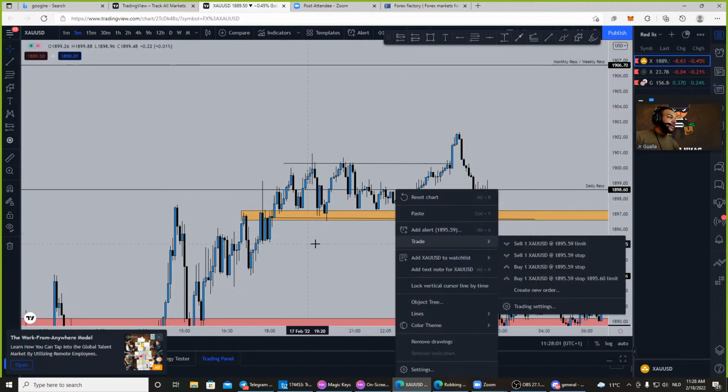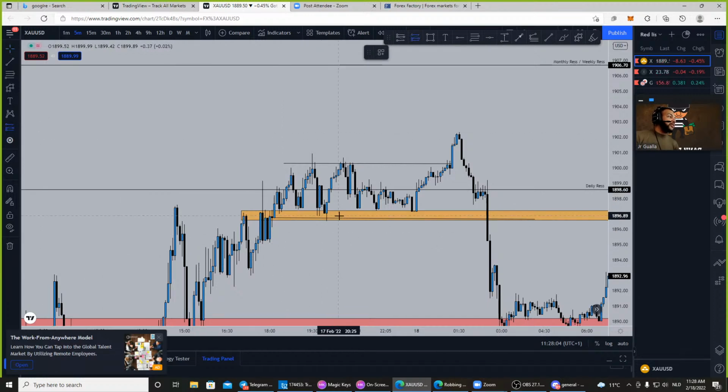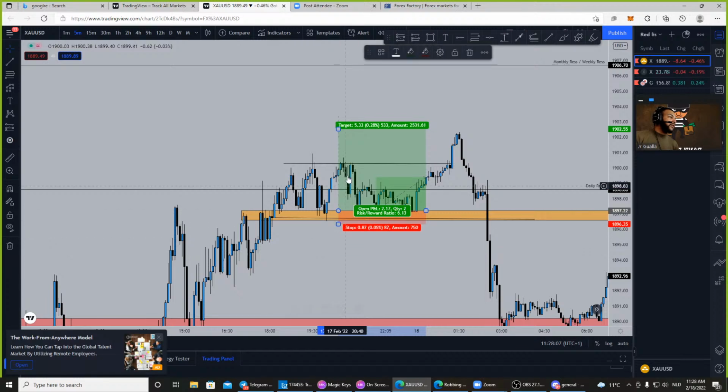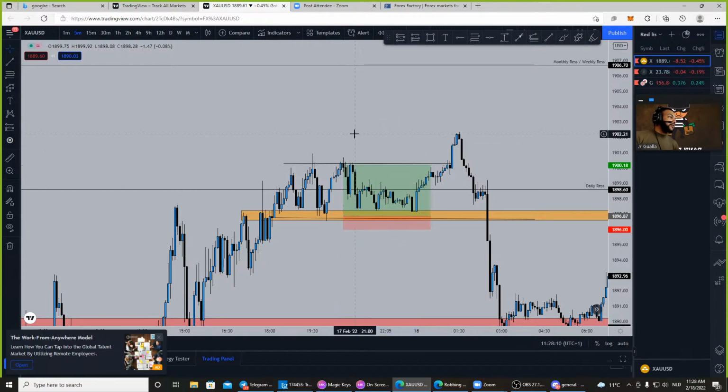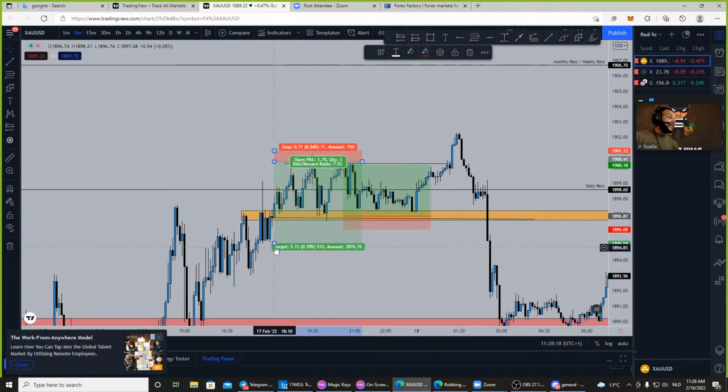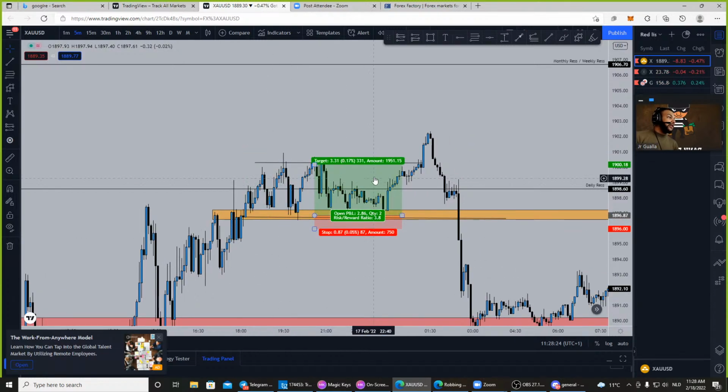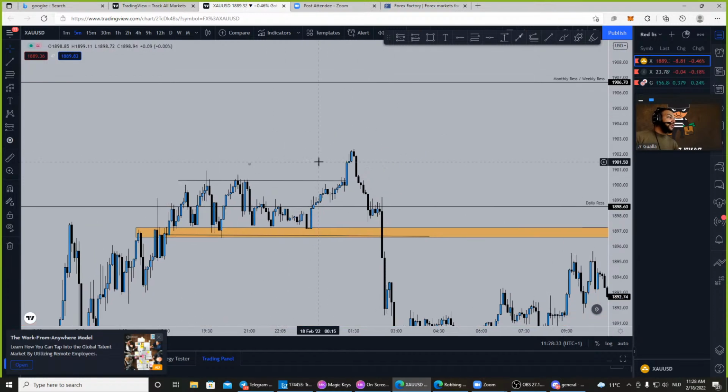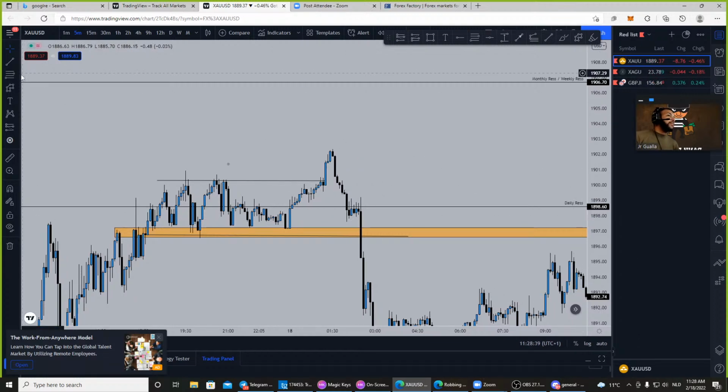Now you have to think to yourself, people are buying and selling in these areas, having orders ready, gambling on the direction price wants to go. The market is going to see these equal highs, grab all the stop losses that I just showed you, and tank the price down.